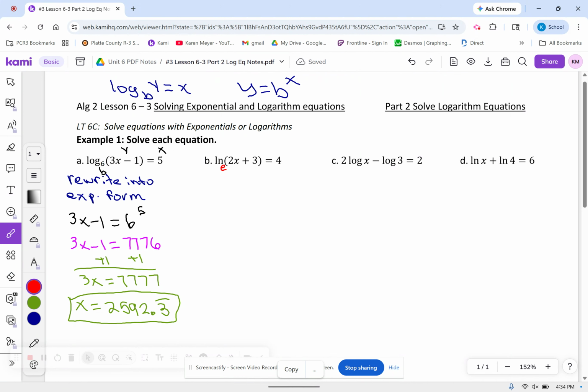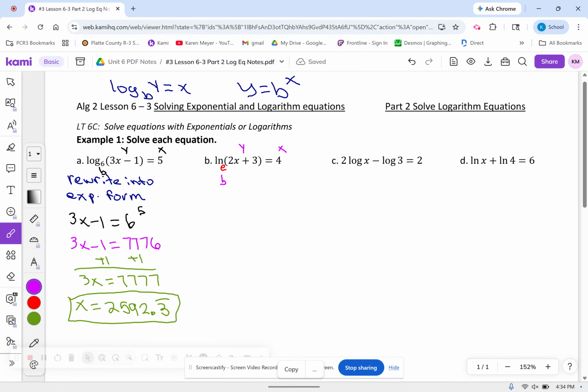So I'll put the little e there because that's our base. So then when I rewrite this, you'll have to know that the e is the B spot. Everything that comes in the parentheses is going to be in the Y spot. And over here on the right side of the equal sign is in the X spot.